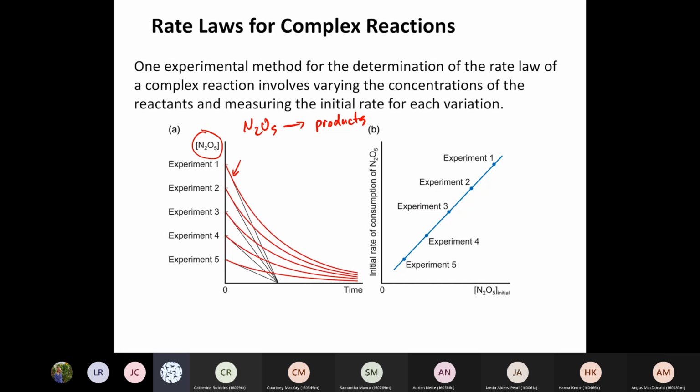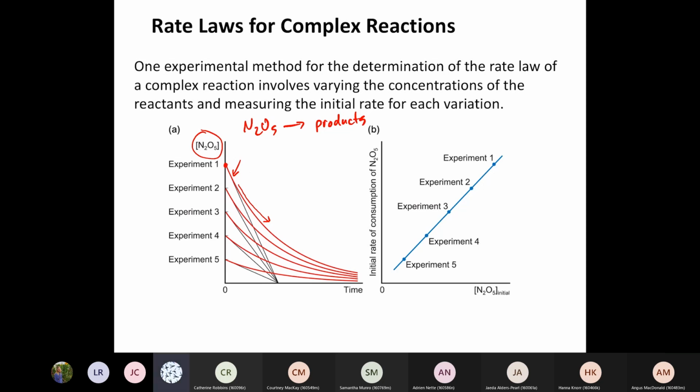When the reaction takes place, N2O5 starts to react away to make products, and it follows this red line, where the concentration of the reactant falls in an exponential fashion. This is what we see very often for many types of reactions.